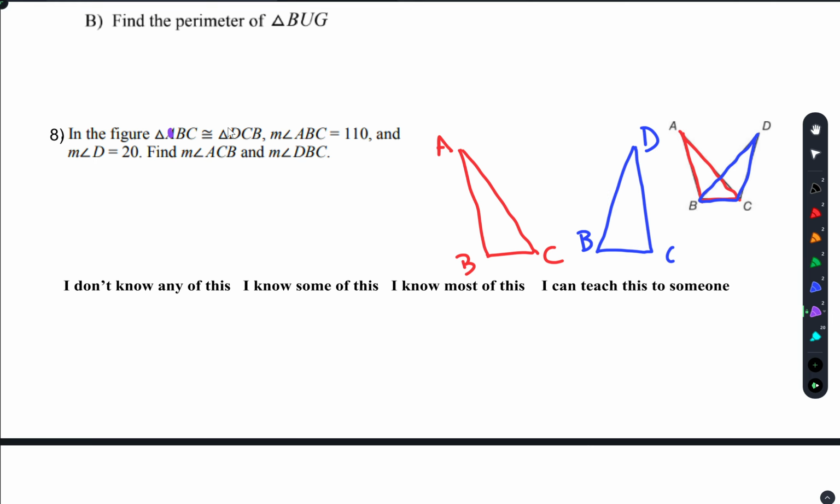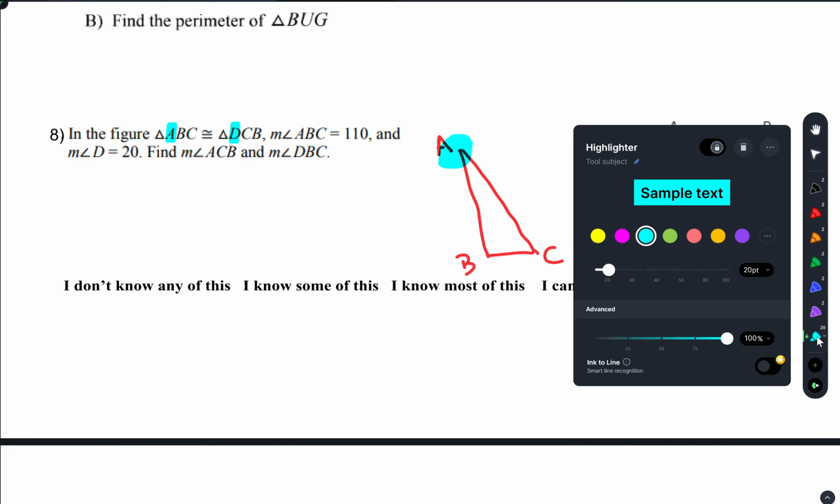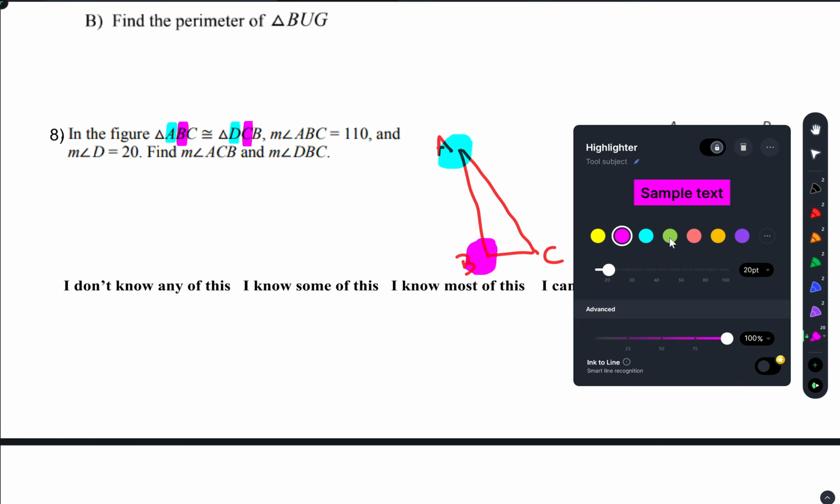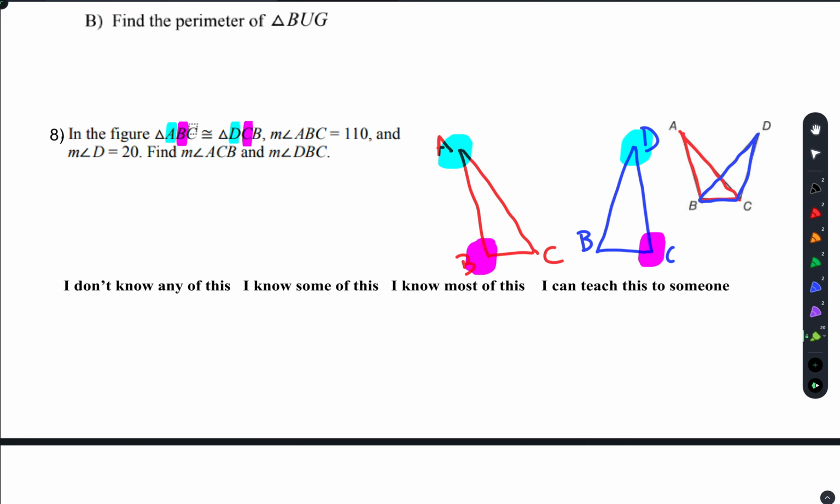Let's line up A and D, looking at my congruent statement. These two. Let's line up B and C. Oh, wrong order. B in my first triangle, C in my second triangle. And then let's line up C and B.